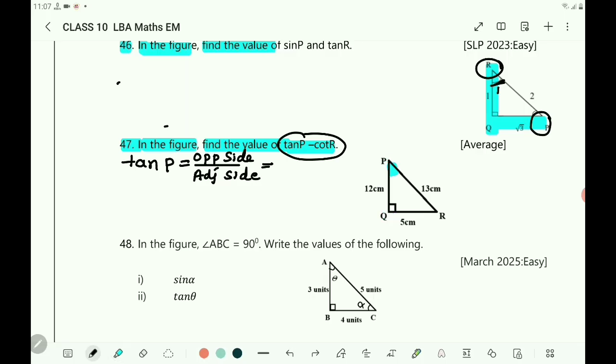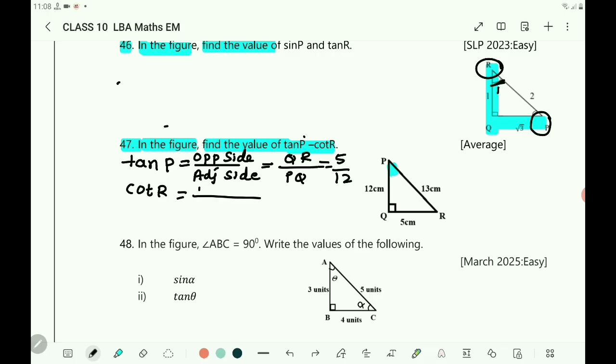Then you write QR by QP or RQ by PQ. QR is the opposite side and PQ is the adjacent side. QR is 5 and PQ is 12, so 5 by 12. Next you take cot R. Cot is the reciprocal of tan.